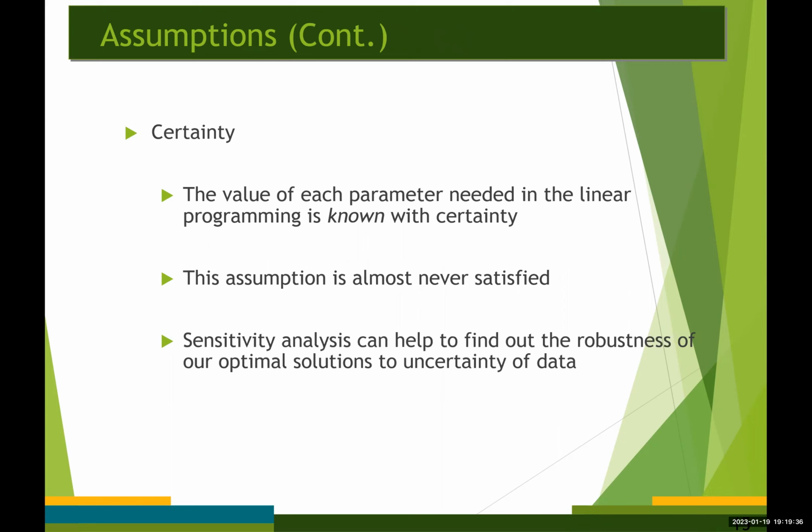And the certainty assumption of linear programming is that each parameter value, including the cost coefficients and right-hand side values of each constraint, etc., is known with certainty. That means we assume that all of the parameter values are not random.